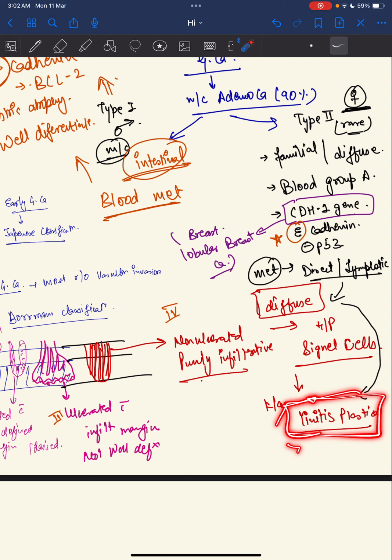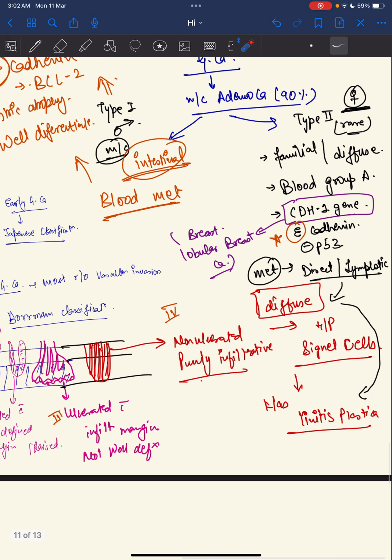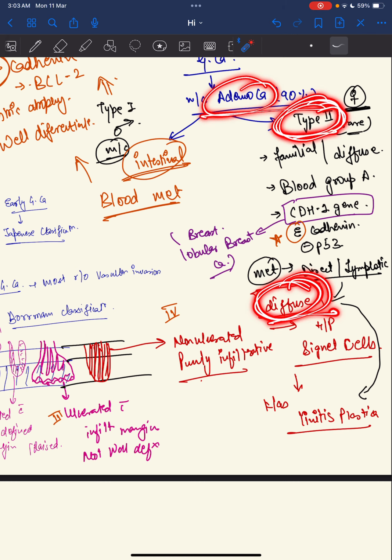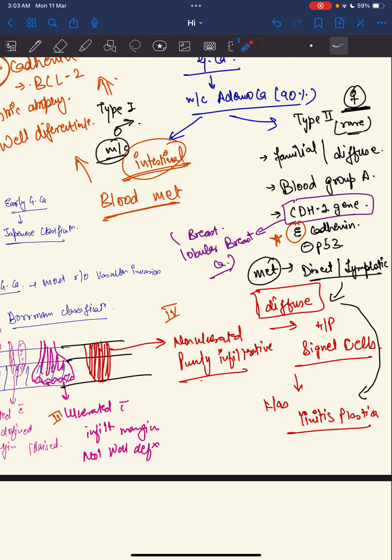Linitis plastica. So how can we connect that? This diffuse one comes from the type 2 one. Type 2 adeno-CA of the gastric cancer, which is seen in the females, which is the rare one, and type 1 is the most common one, which is seen in the males. It is seen in familial cases, and it is diffuse and blood group A. CDH1 gene mutation will be seen.